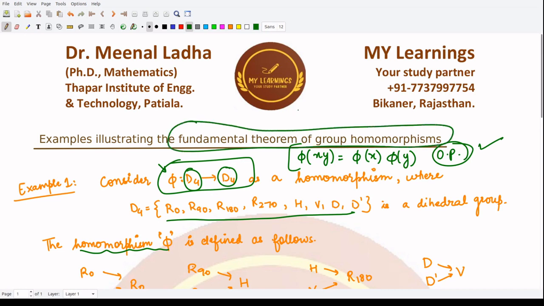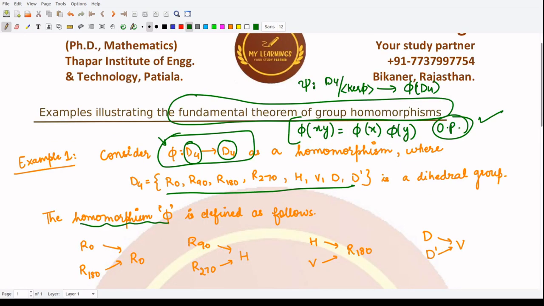So according to the theorem, we would have some mapping psi from where to where? From D4 by the kernel of this mapping phi to the image of D4 under phi. So we would have psi as an isomorphism. We first define this homomorphism such that phi of R0 goes to R0, phi of R180 also goes to R0.